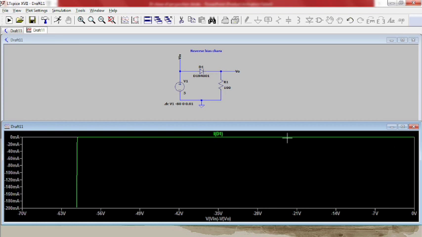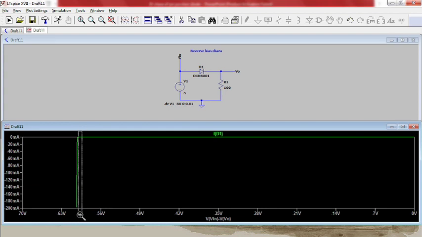So this graph shows the VI characteristics in the reverse bias. That means for the voltage from 0 onwards, up to around minus 60 volt, the current passing through the diode was 0.